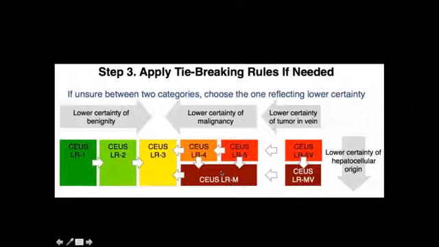And if we come up here to our more suspicious lesions, and we have less confidence that they're definitely malignant, again, we want to move the lesion back towards LR3, where we are more certain that we won't overdiagnose or miss a lesion.